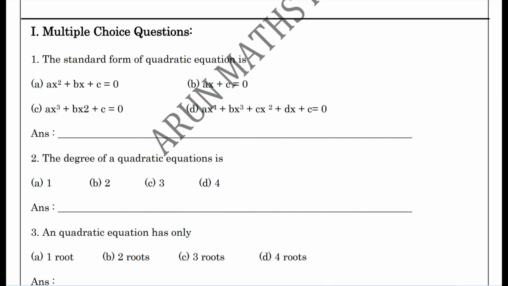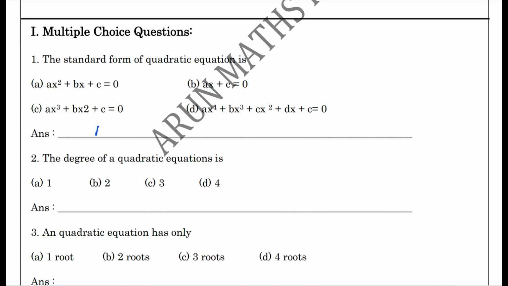Students, now we'll start solving multiple choice questions based on the concept Introduction to Quadratic Equation. The first question is, the standard form of quadratic equation is. What is the standard form of quadratic equation? It is ax square plus bx plus c equals 0.